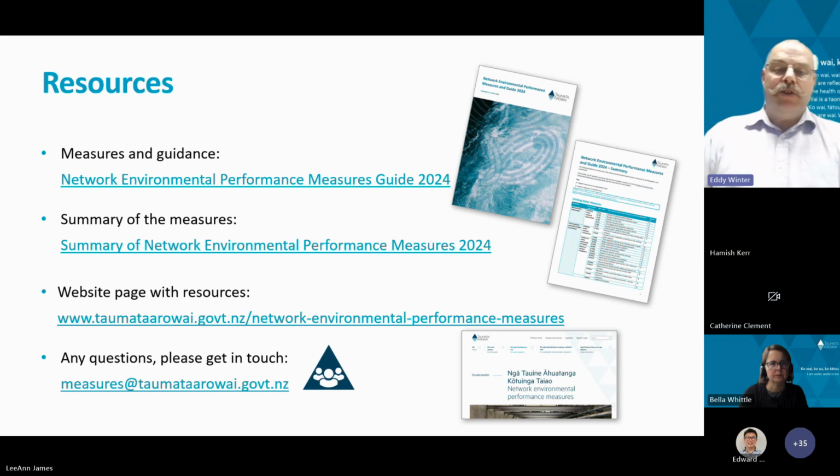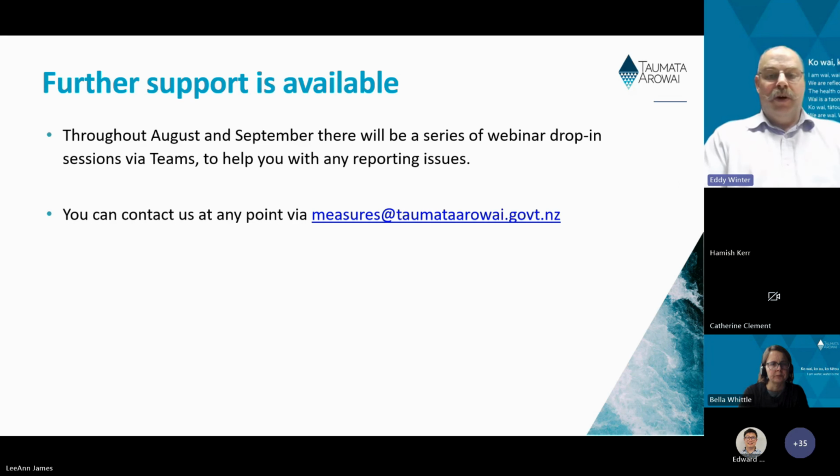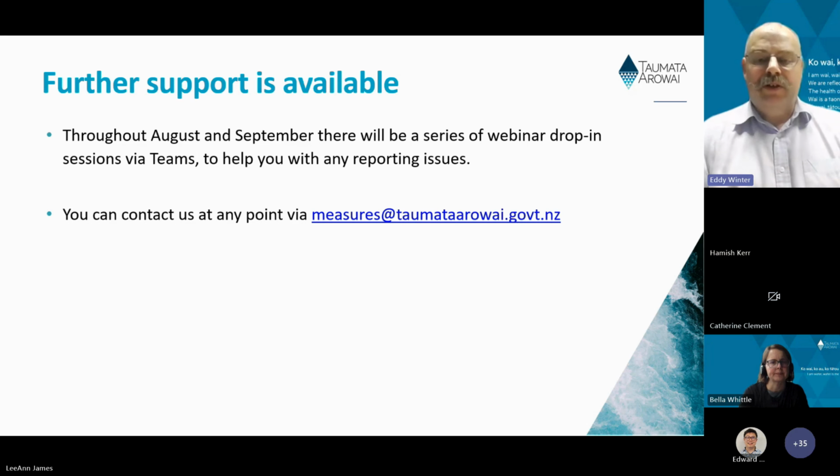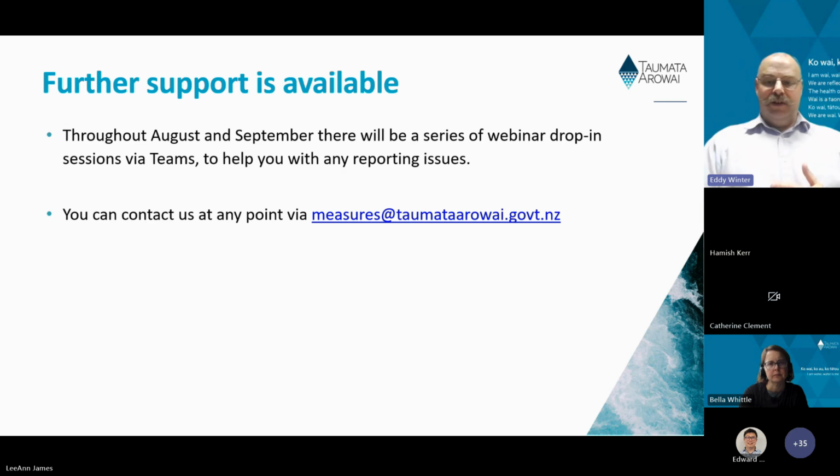What's next? So we've got webinars today and tomorrow. These are run simultaneously, just so there are opportunities for different people to come to those webinars. But we're also running a series of drop-in webinars throughout August and September. So from now until the end of the reporting period, the 30th of September, you can contact us at any point via that email address, or feel free to come along to those webinars.